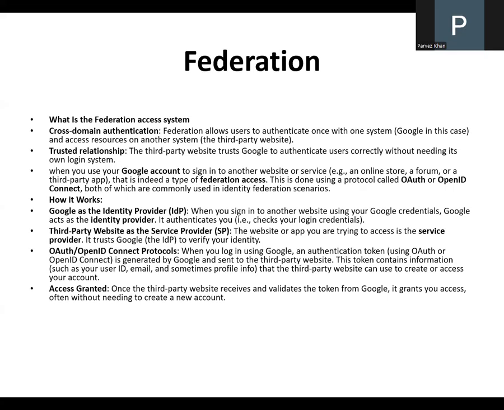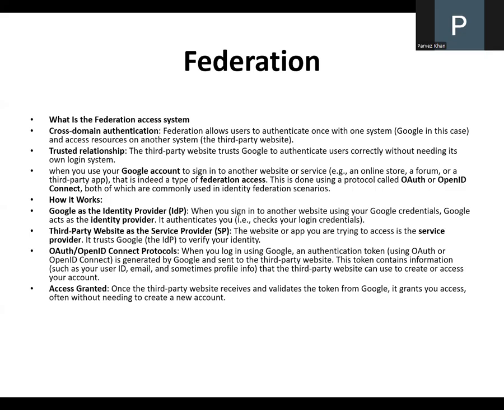The second option asks whether I want to use my Google account to authenticate myself. If I say yes, Google will authenticate me with my username and password, and pass that authentication to the third-party application. Then, based on the OAuth protocol or OpenID Connect, it will give access to the third-party application.